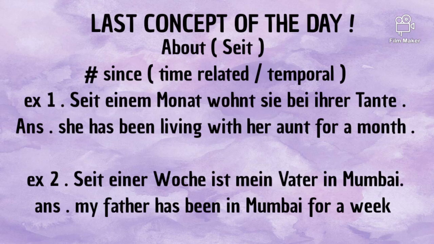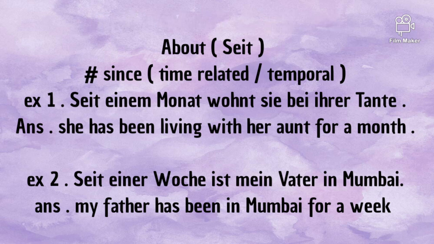Okay, now we talk about seit. It means since, or time related, temporal. The first sentence we look at is Seit einem Monat wohnt sie bei ihrer Tante. Tante is aunt, so it means she has been living with her aunt for a month.